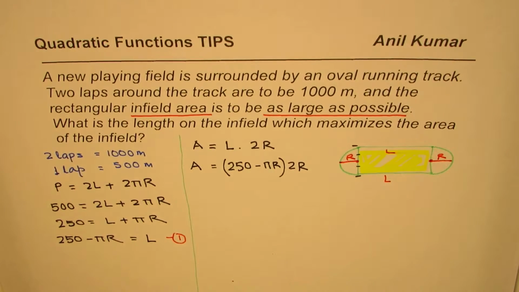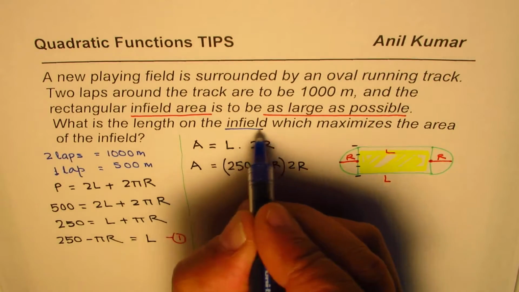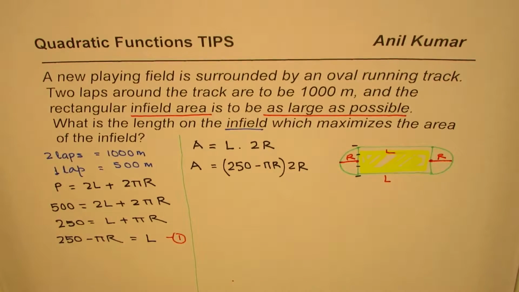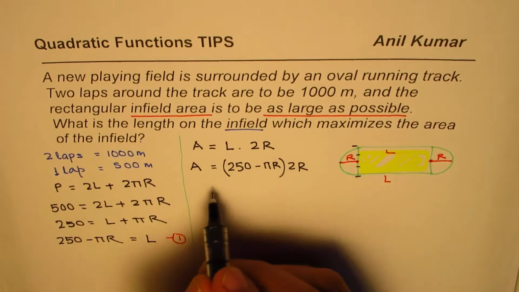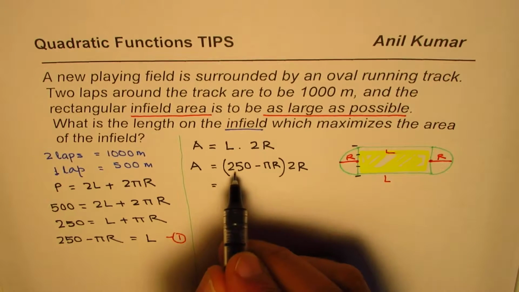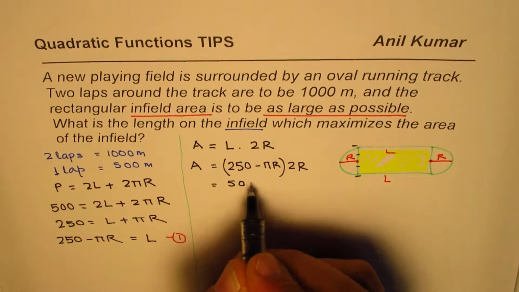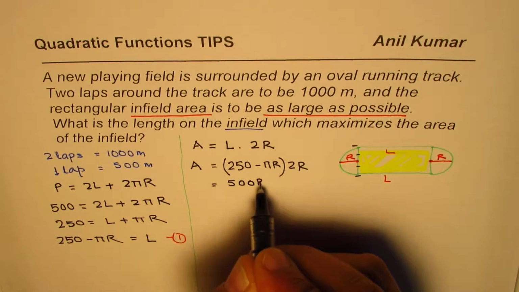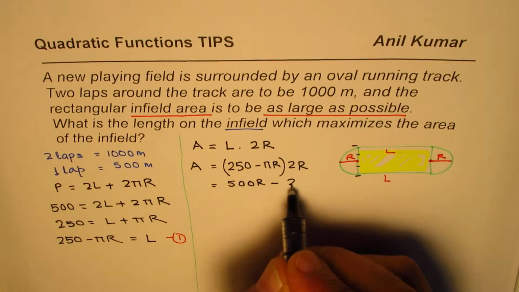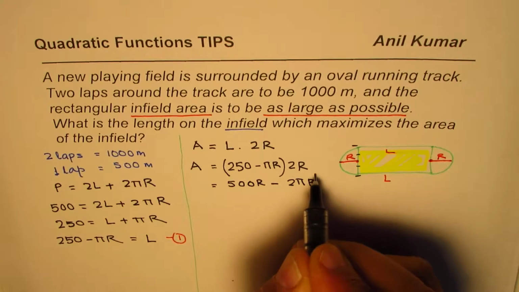So we got the infield area. Okay. If I open the brackets, what do I get? I get 250 times 2, which is 500 r, minus 2 pi r square.